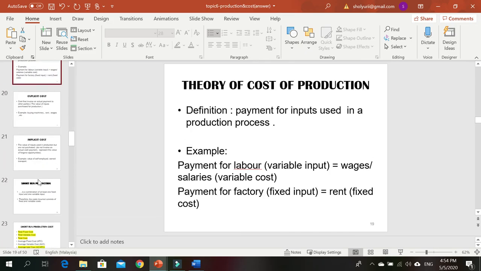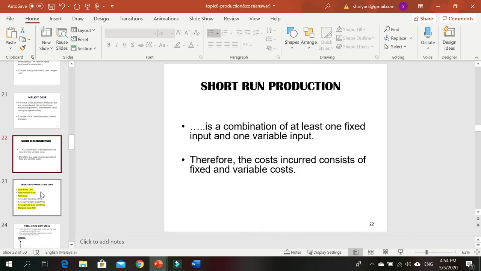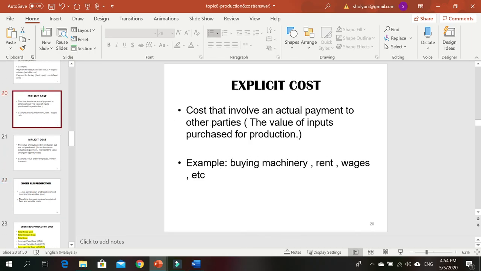Untuk 120 tak ada dah, finish dah. Untuk 162 saja. Okay, explicit cost ni maksudnya memang cost yang terlibat dalam production process lah.